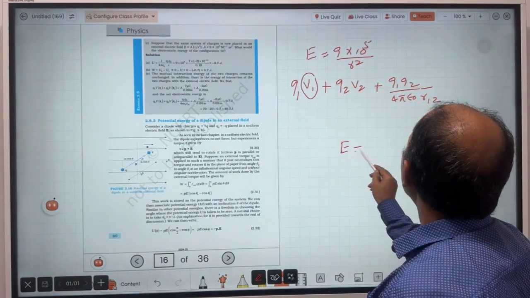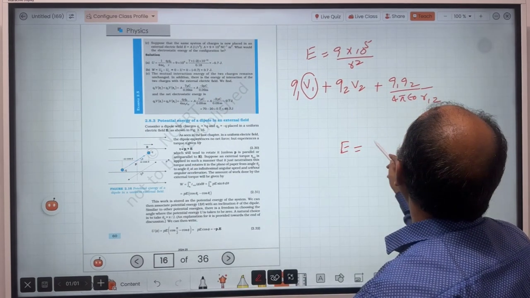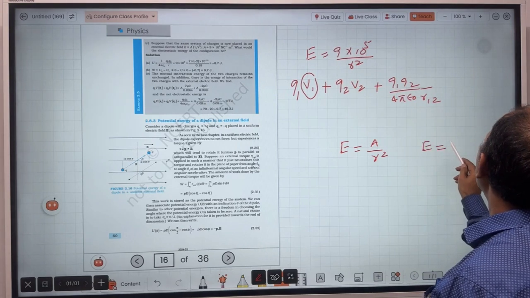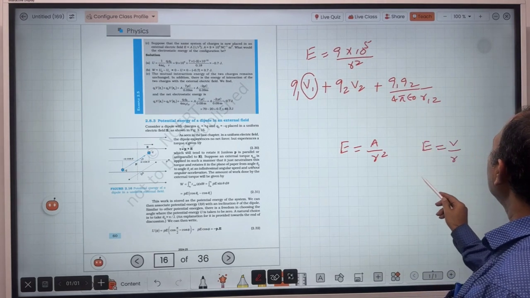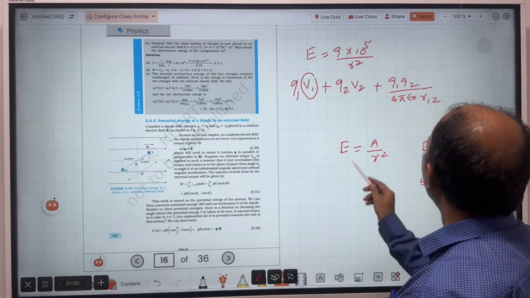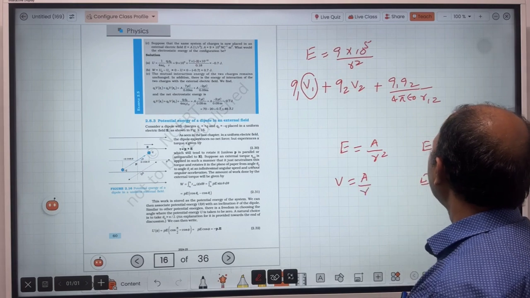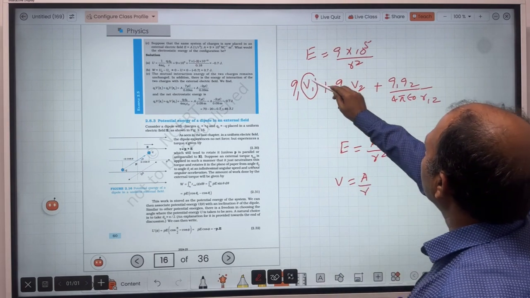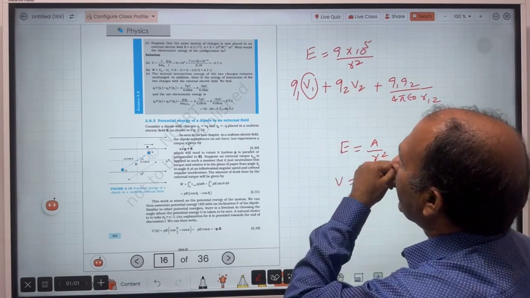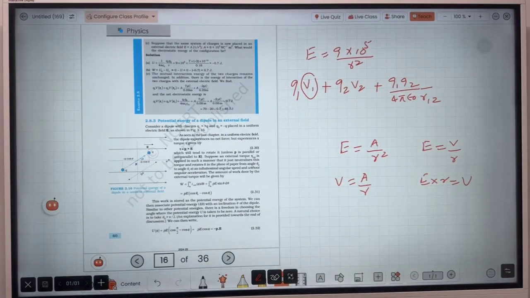We are given E equal to A upon R square, and if you remember, E equal to V upon R, or E into R will give V. So we can reduce one R to get V. So V equals A upon R, in magnitude. Here we write A upon R, here also A upon R, and then we can put in those values and evaluate.